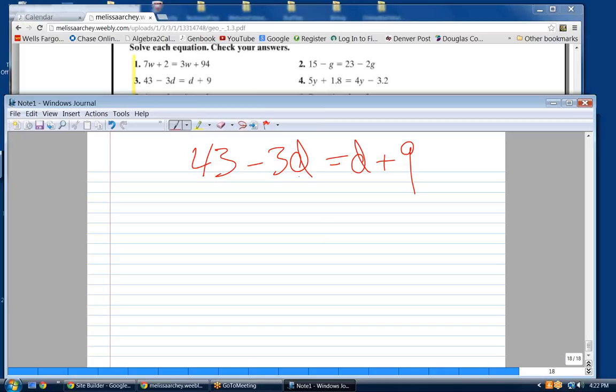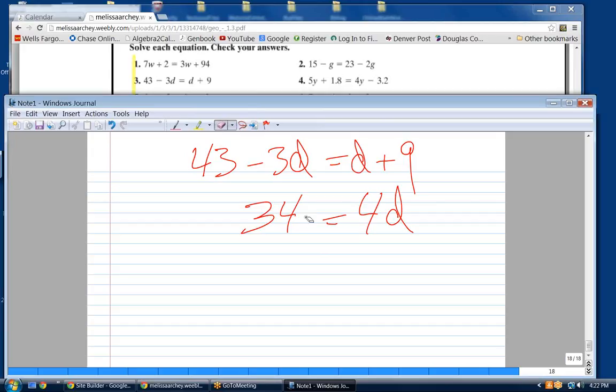Notice that if I move my negative 3d to the right, I get 4d, and if I move my 9 to the left, I get 34. So I would have this. But that's fine.